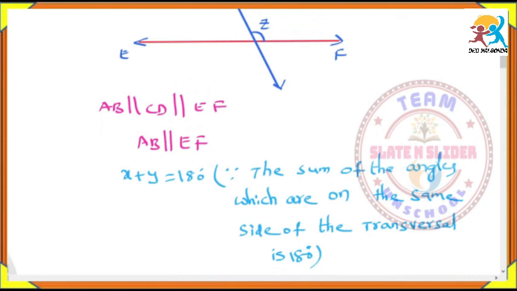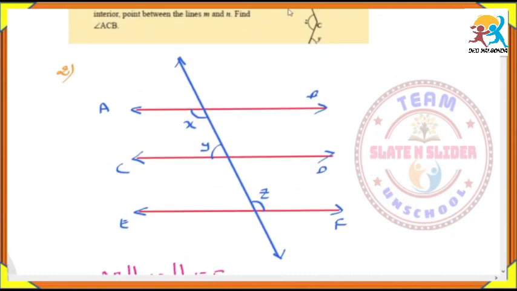Let's keep it in brackets, and we can write that this is angle z, and here I will write it as angle z. How can I write that these two are equal? Because these two are alternate interior angles.